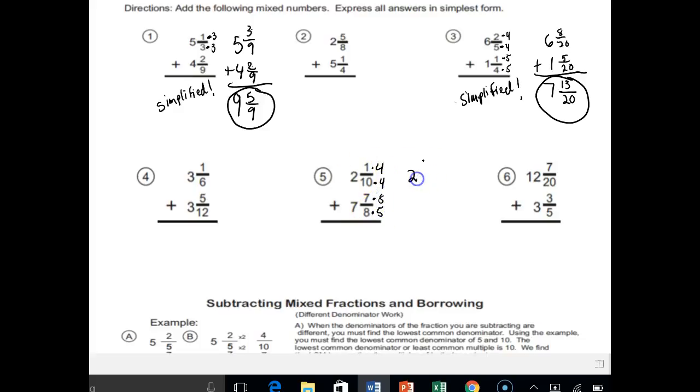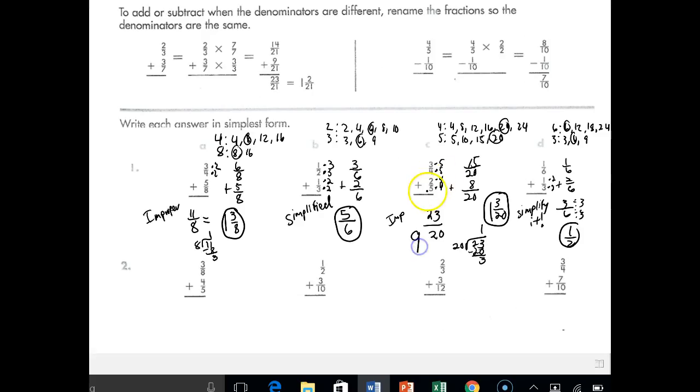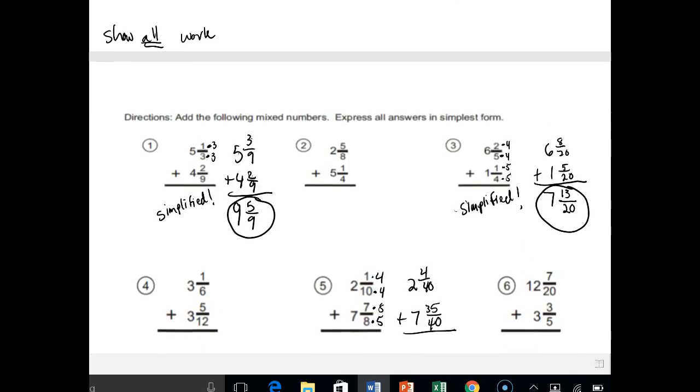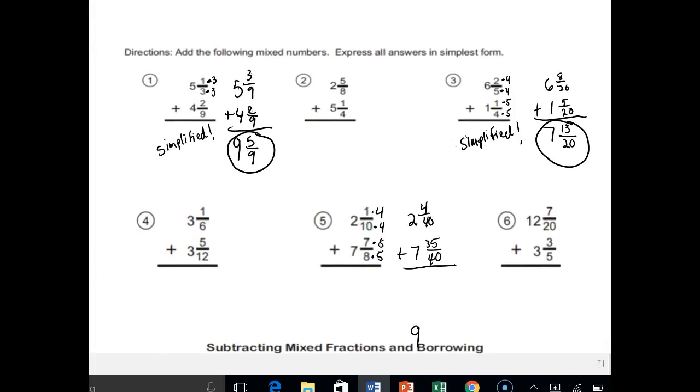Here I'll get 2 and 4/40 plus 7 and 35/40. I'll add this up. 2 plus 7 is 9, and 4 plus 35 is 39. Keep our denominator 40ths. This is fully simplified.